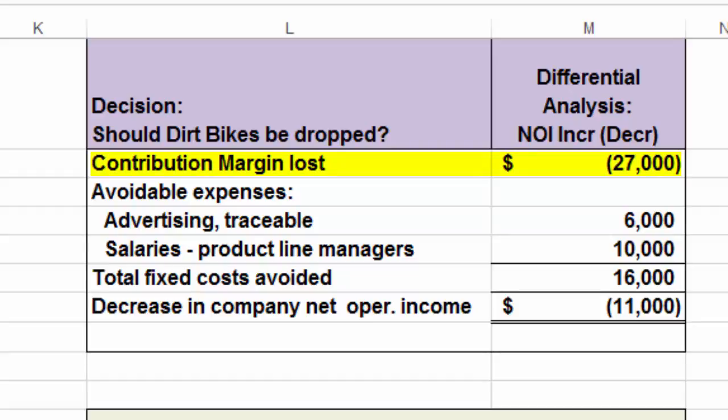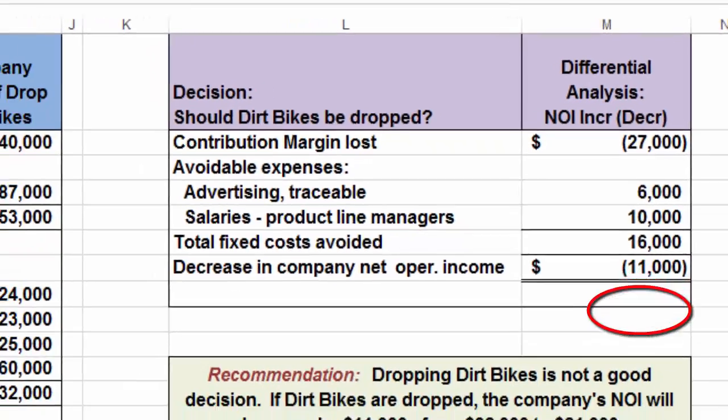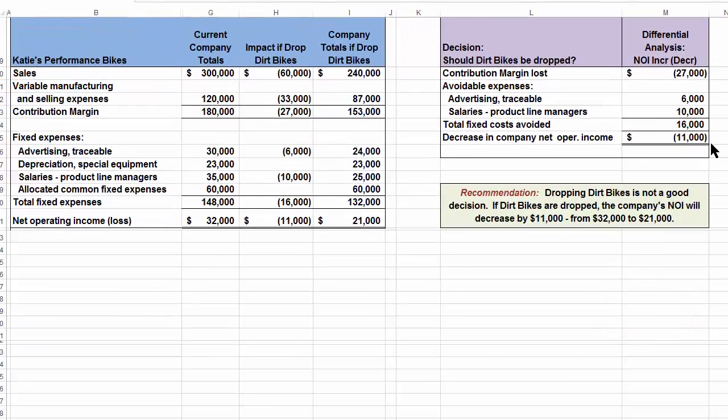Contribution margin lost is $27,000, and it is higher than the fixed cost avoided, so we know that we will face a decrease in company net operating income of $11,000, even without putting a full income statement together.